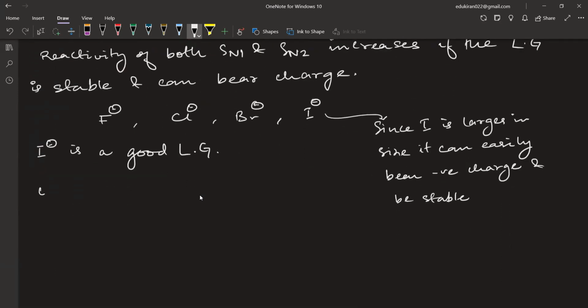Order of nucleophilic substitution: it doesn't matter whether it is SN1 or SN2. RI is going to be fastest, followed by RBr, followed by RCl, and followed by RF. So RF is going to be the slowest.